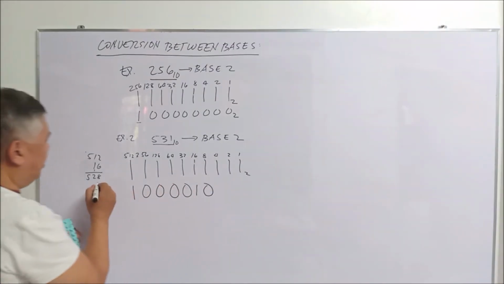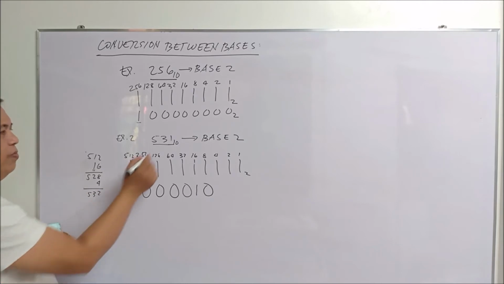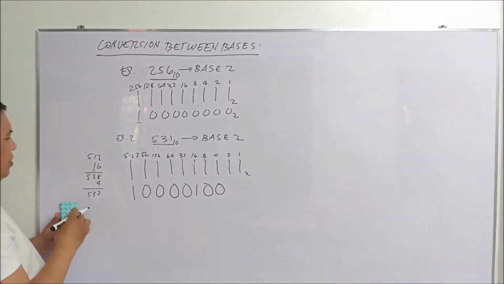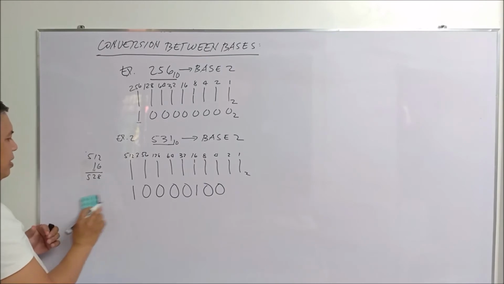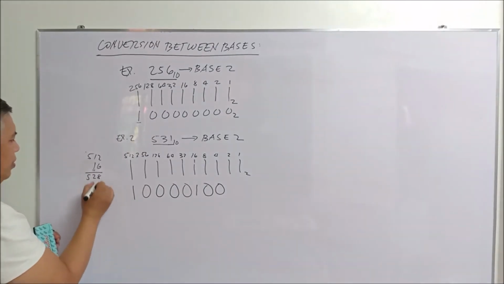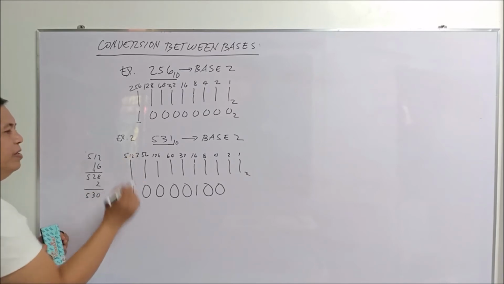Then, we add 4. You have 12, carry 1, 3, 532, bigger than 531. So, we will make this 0. So, 4 will not be added. And then, you have 2. You have 10, carry 1. You have 3, 530 is less than 531.